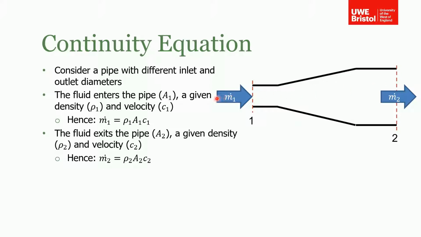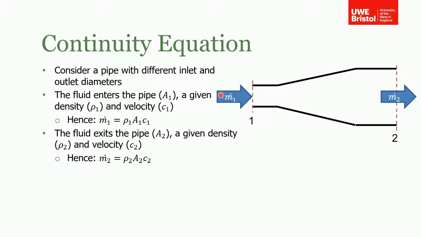Obviously the mass flow rate flowing into the pipe is subscript 1. Just to point out, the dot above the m means with respect to time, so it tells you that it's a flow rate, because it's the mass divided by the time. And coming out of our system we have the mass flow rate subscript 2.